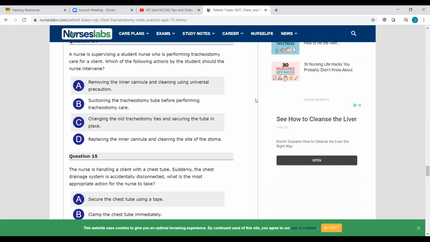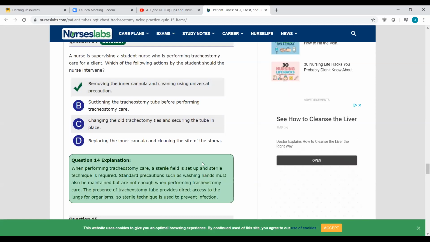Would that be A? Yep, you're right. So when you do tracheostomy care, a sterile field is set up and sterile technique is required. So, you know, using universal precautions, that's not saying that you're using sterile technique, is what they're saying.